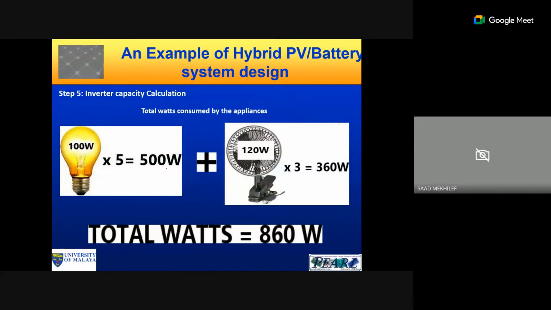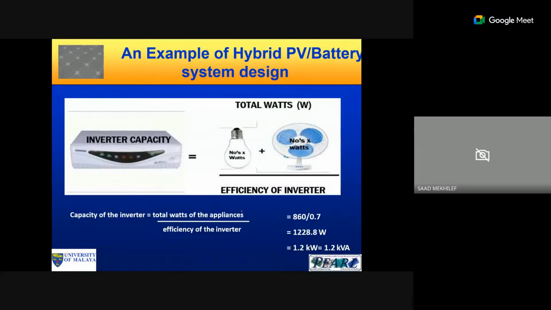All right, now step number 5, the inverter capacity. If we assume both of them are AC loads, we have 500 and then 360, so we have a total of 860 watts.